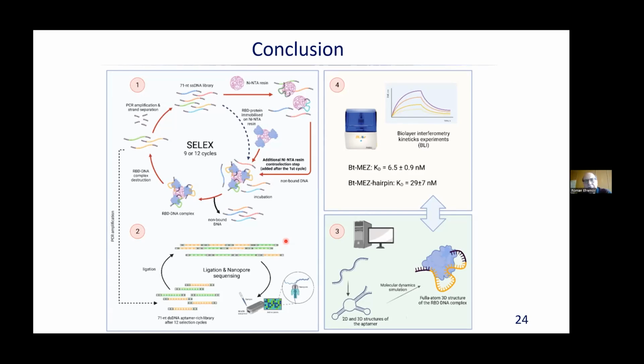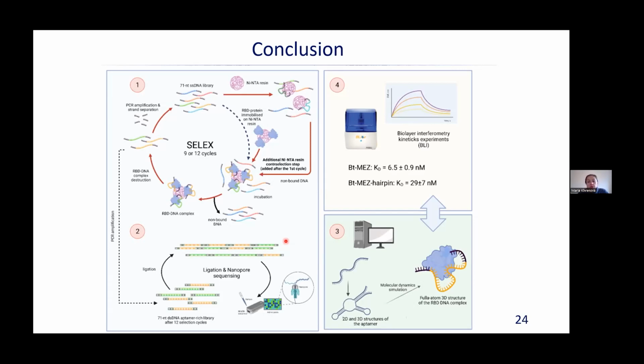But how selective is such interaction? For instance, does the binding interface interfere with the ACE2 binding site in RBD? Well, depending on the particular sequence of the aptamer, of course, it can be different.